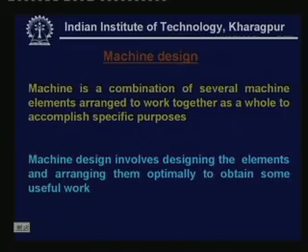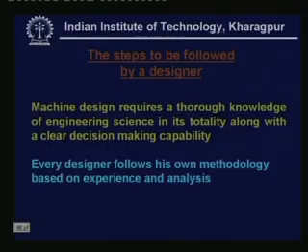This is what we understand by the machine and machine design as a whole. The steps to be followed by a designer: machine design requires a thorough knowledge of engineering science in its totality along with clear decision making capability. Every designer follows his own methodology based on experience and analysis, that we all know.